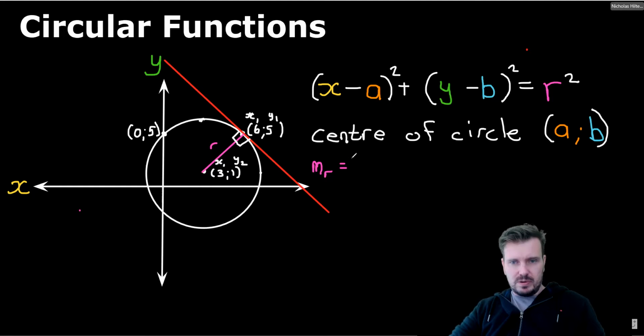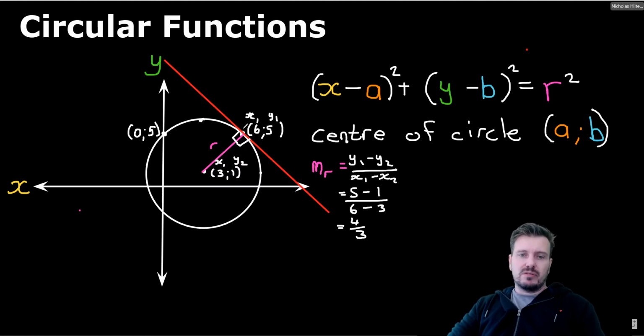And so remember, our formula for gradient is y1 minus y2 over x1 minus x2. So we get y1 is 5, y2 is 1, x1 is 6, x2 is 3. And so we get 4/3.